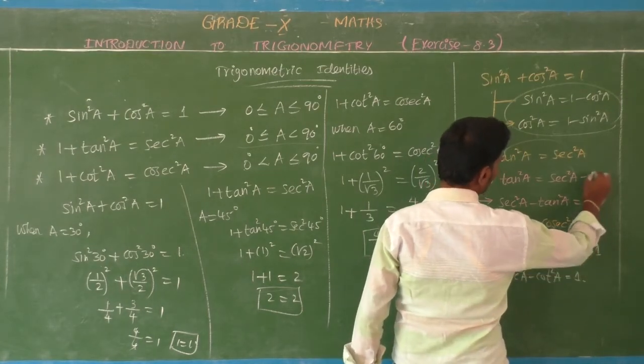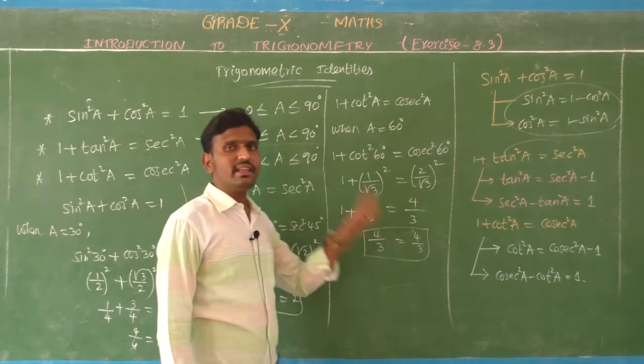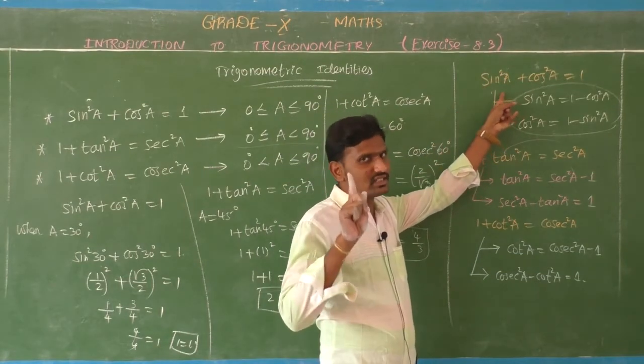So these are your identities. Students, listen carefully now. Sin square A plus cos square A equal to 1, this is the first identity.